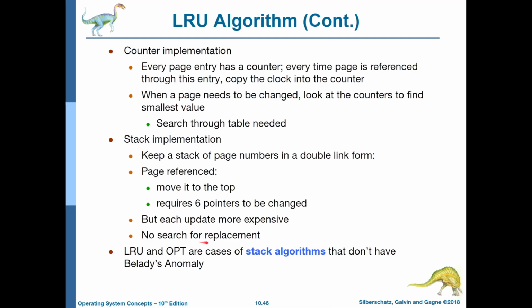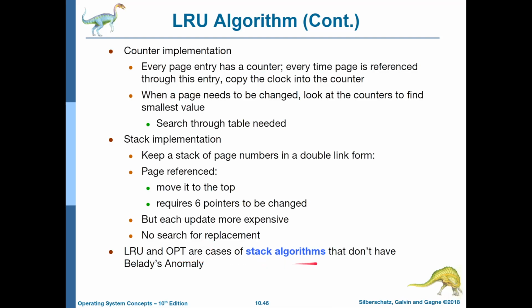So the nice thing about this particular algorithm is that we don't have to search for a replacement. All we have to do is take the top element off the stack and replace that, or the bottom element of the stack and replace it.